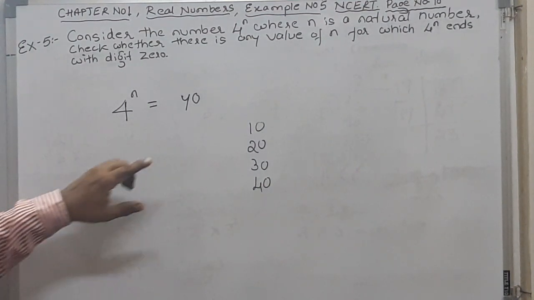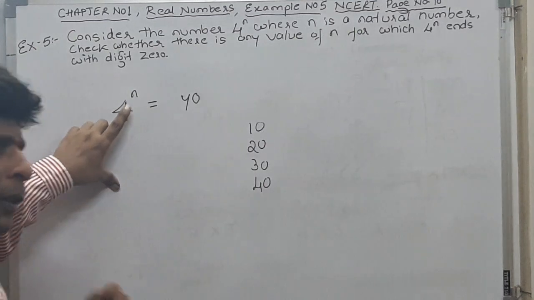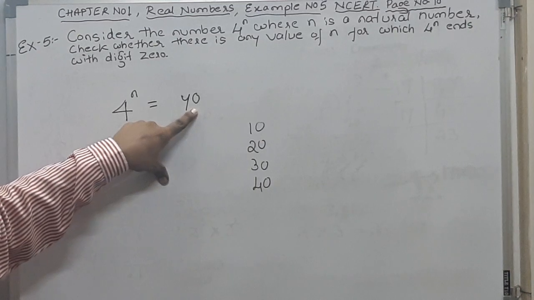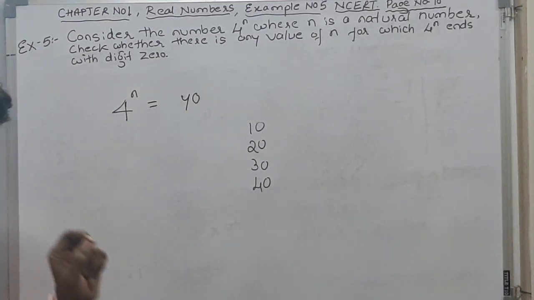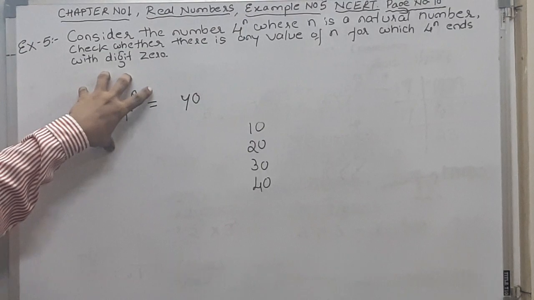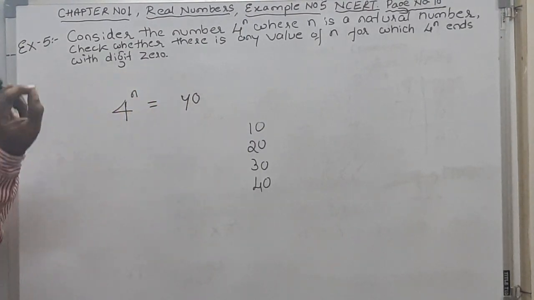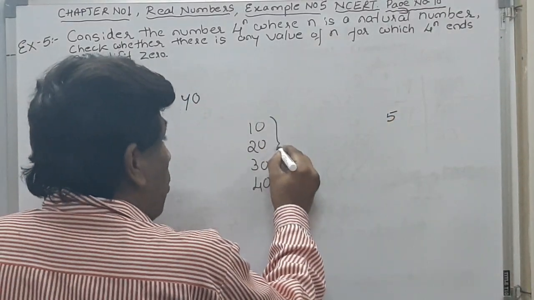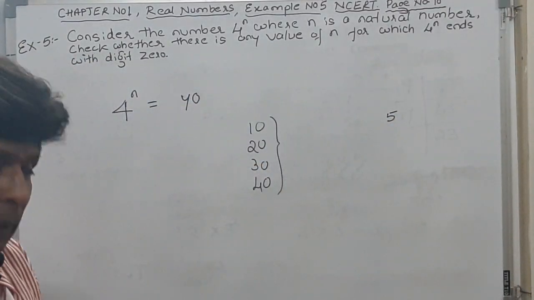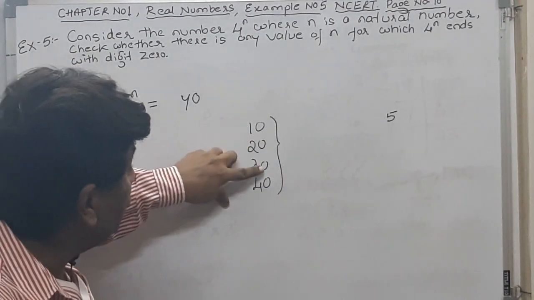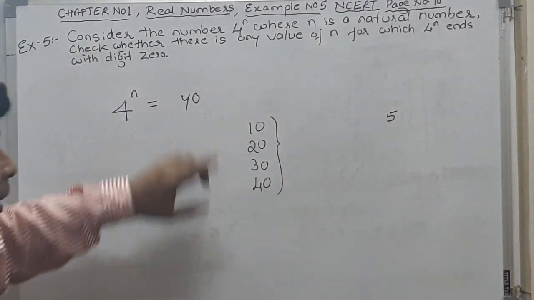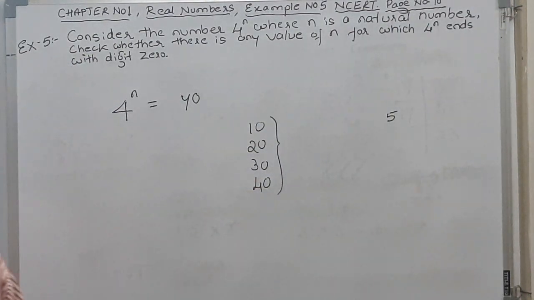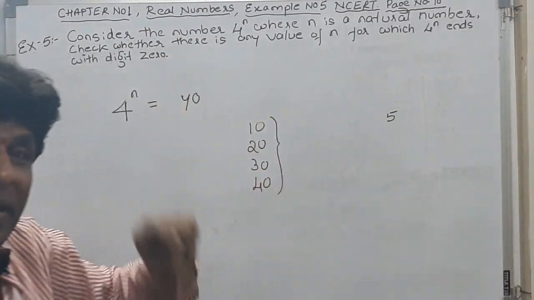Okay friends. Consider if it ends with 0. Then the prime factorization of it should contain 5, because whatever number ends with 0 always has 5 as a prime factor.